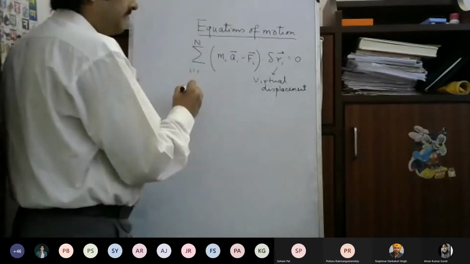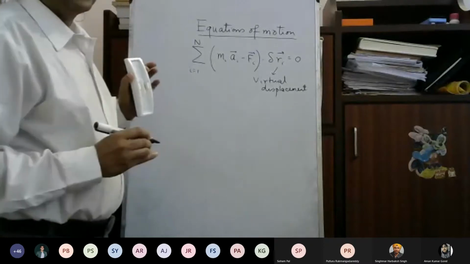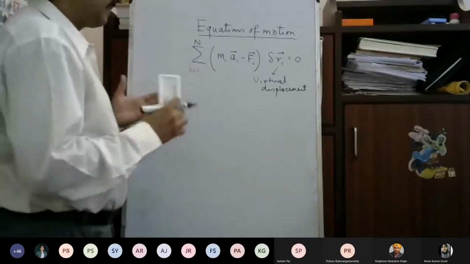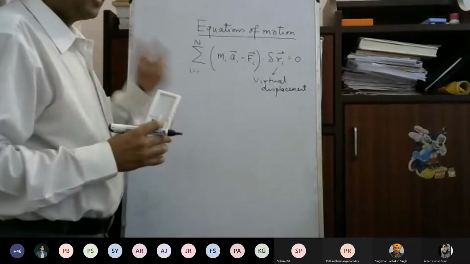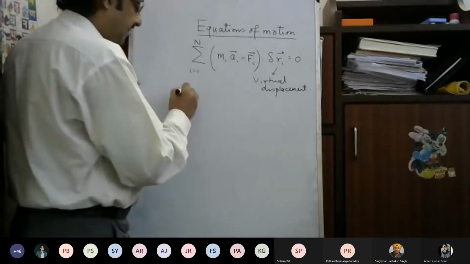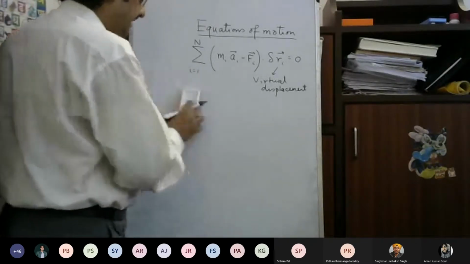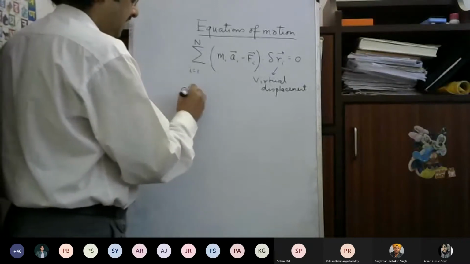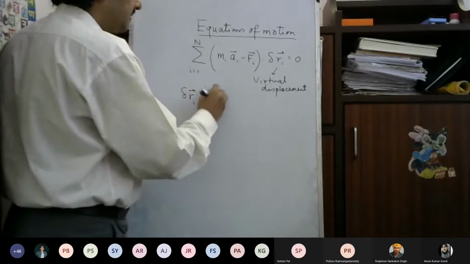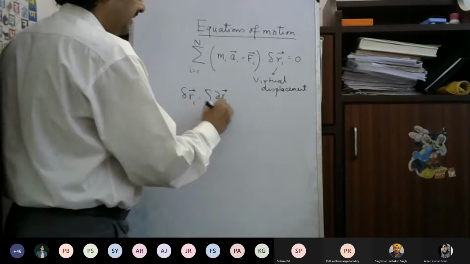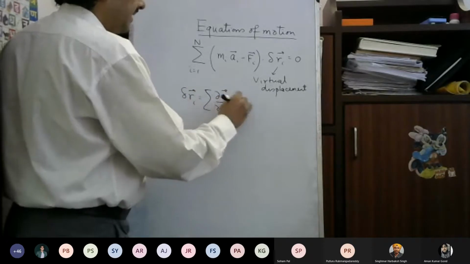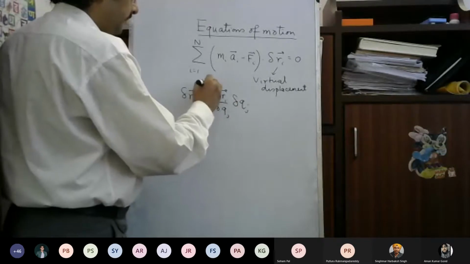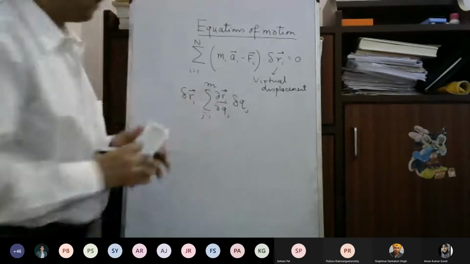So if we have m number of independent variables, that is independent generalized coordinates, then one can write delta r_i equal to the sum of del r_i del q_j times delta q_j, where j is from 1 to m.